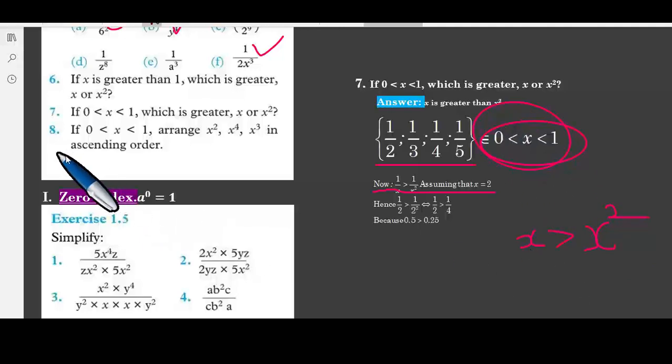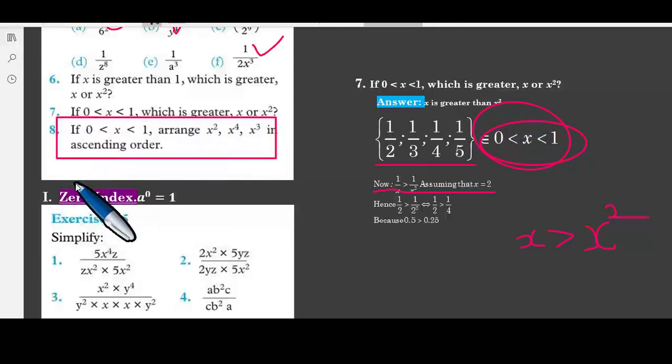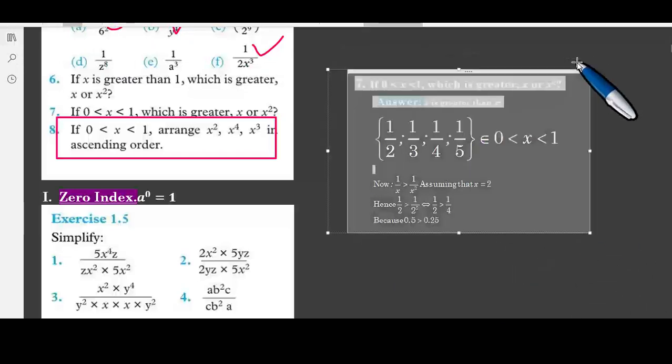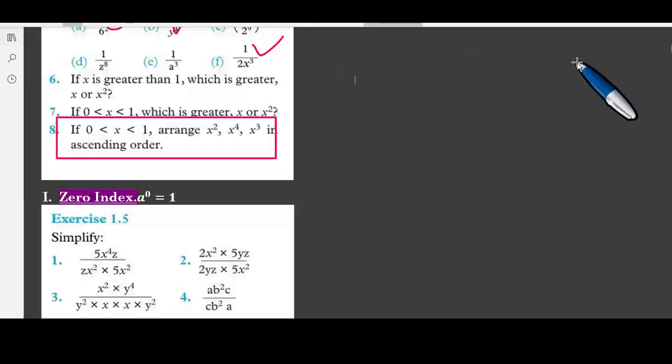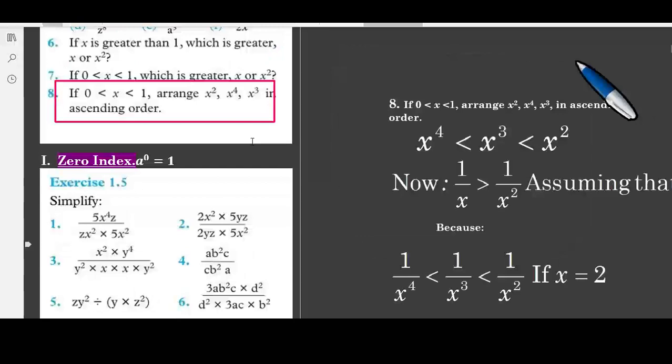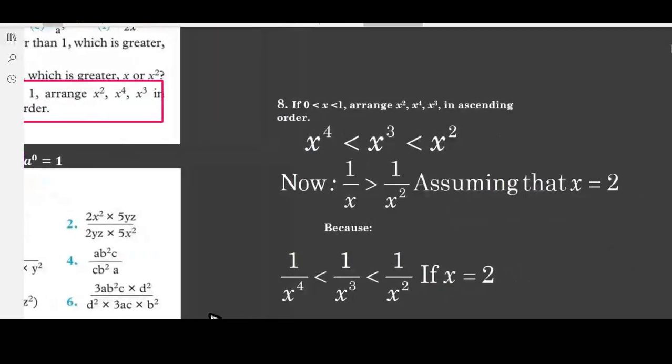Look at the answer. The answer is like the previous.